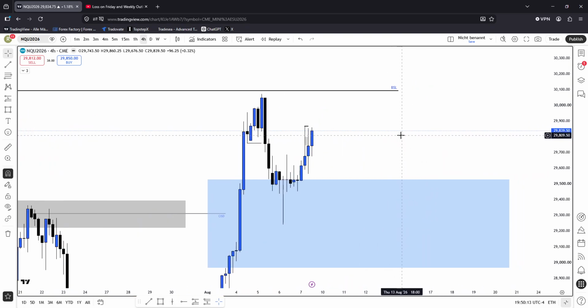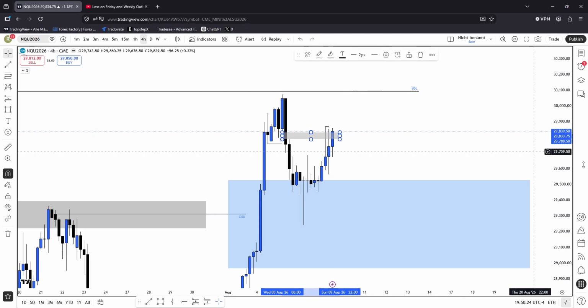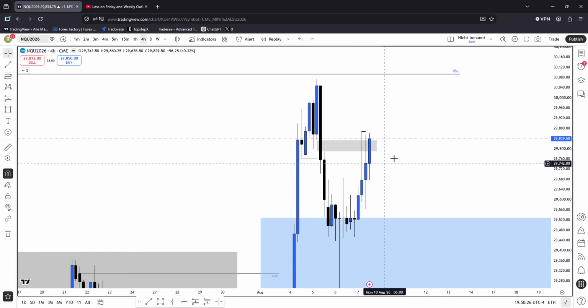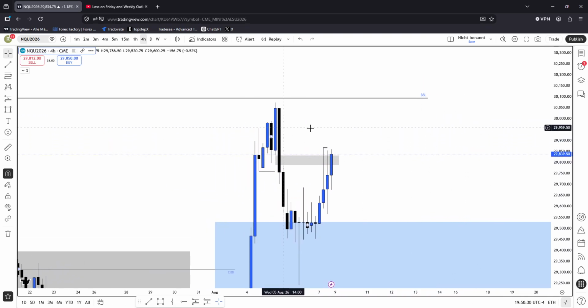And yeah, we can see that we kinda respect this bearish FVG. I mean, we close above it, but yeah, not really obvious displacement through this fair value gap.